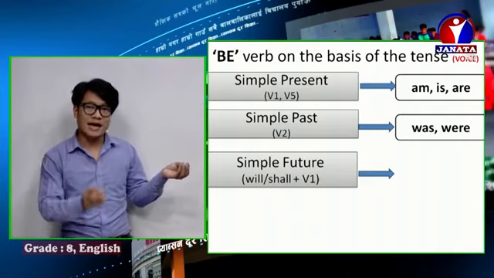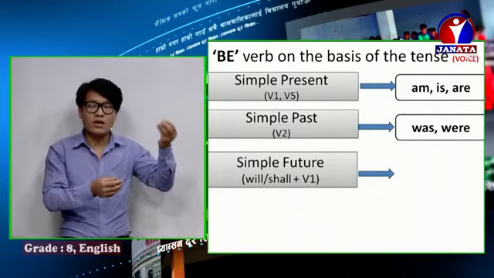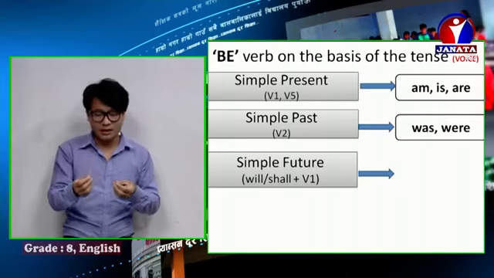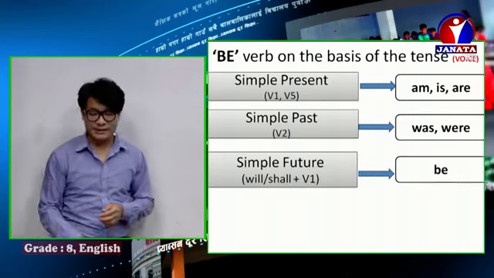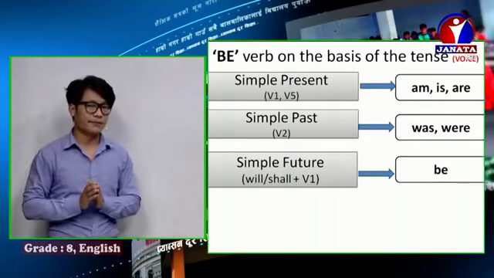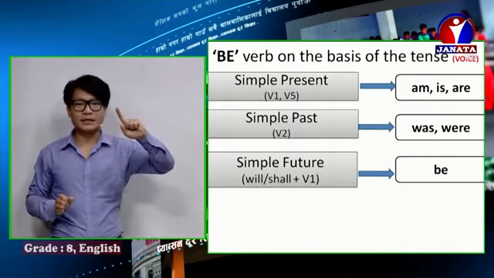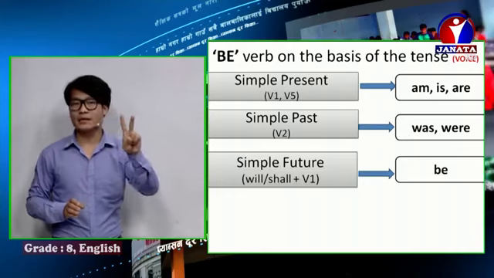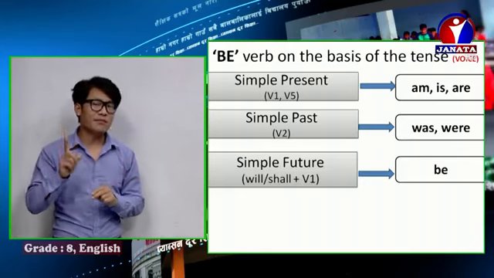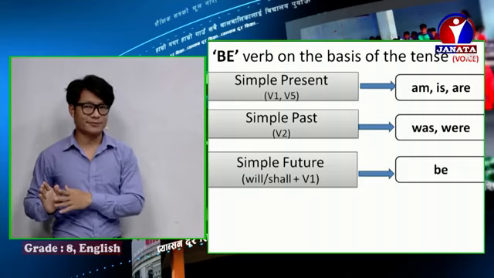Simple future starts with, obviously, will or shall and verb 1, and simple future has the be verb. Let me now brief it here. Simple present: am, is, are. Simple past: was, were. And simple future: be itself.